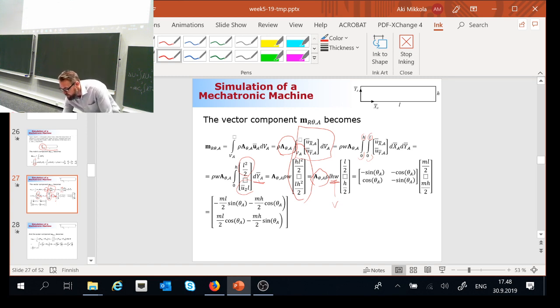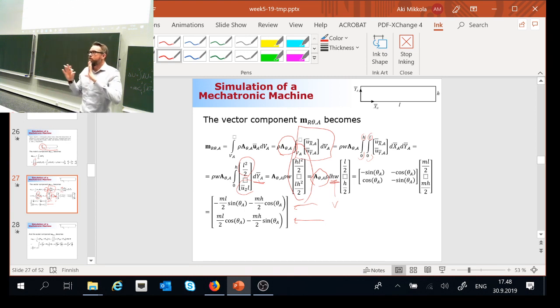Finally, my solution is a vector of two components, and this is how it looks. Very important to understand this. This is because of where my body reference coordinate system is located. Mass is still going to be the same regardless of where your body reference coordinate system is located.